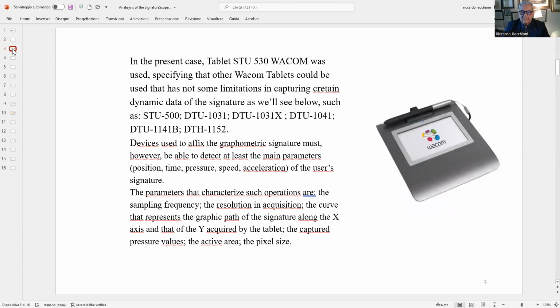In the present case, the Wacom STU 530 tablet was used, to specify that other Wacom tablets could be used that have some limitation in capturing certain dynamic data of the signature, as we will see below, such as the STU 500, DTU 1031, and so on.